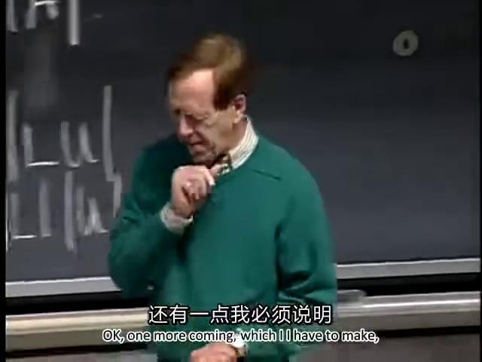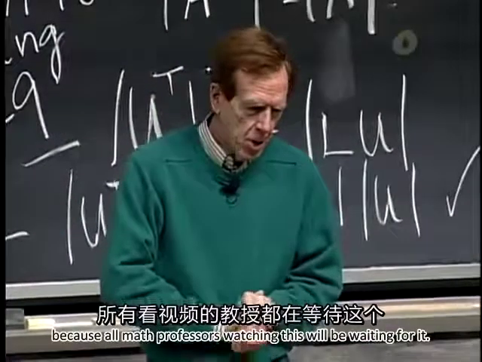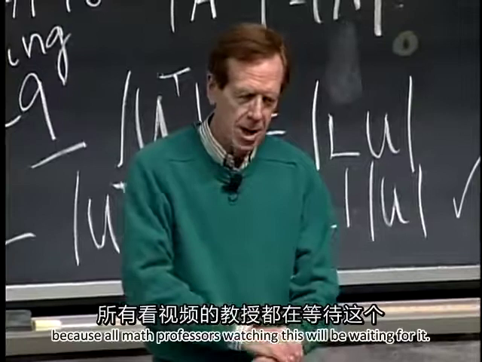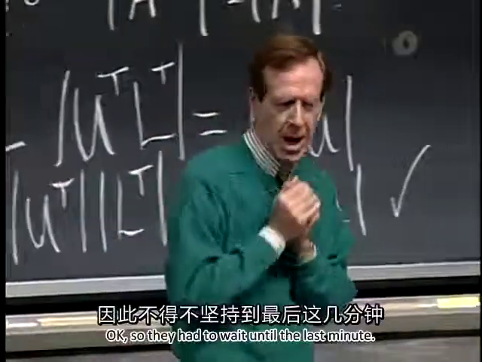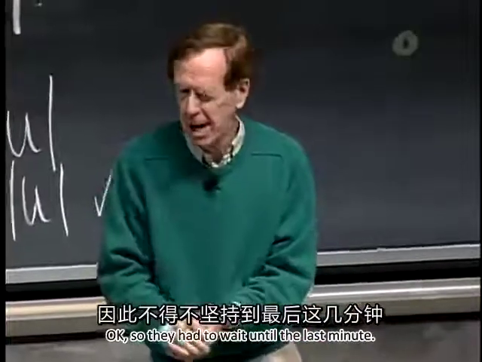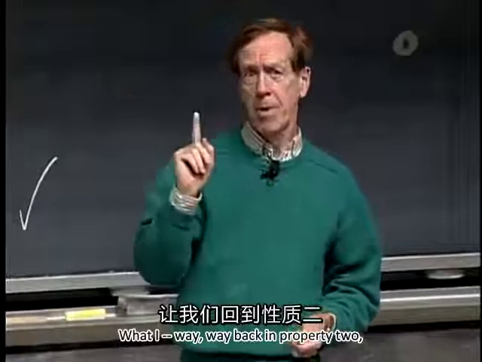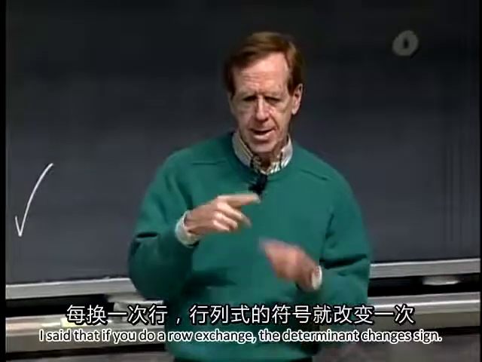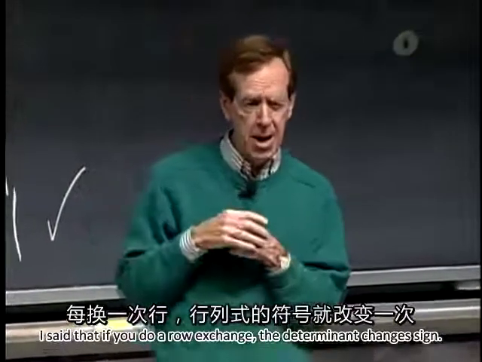Okay, one more comment, which I have to make, because all math professors watching this will be waiting for it. Okay, so they had to wait until the last minute. Way back in property 2, I said that if you do a row exchange, the determinant changes sign.